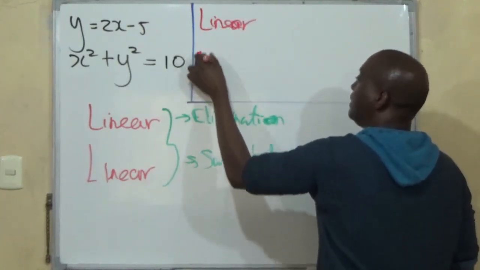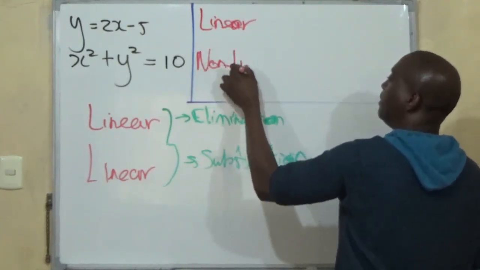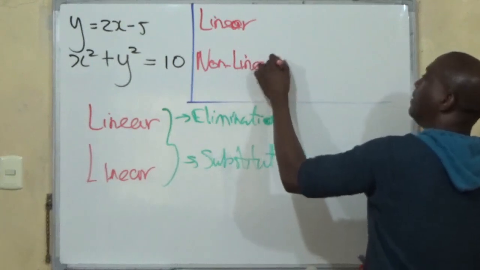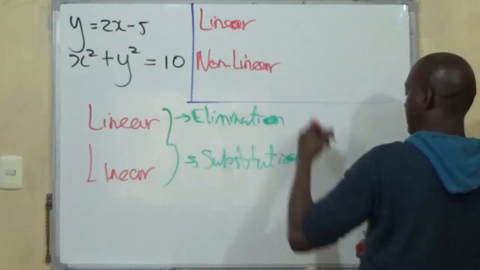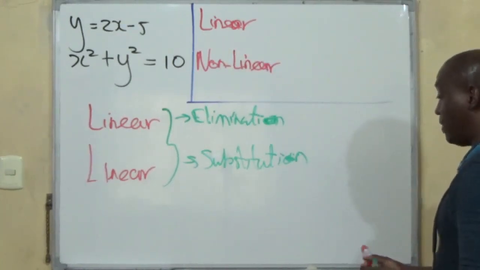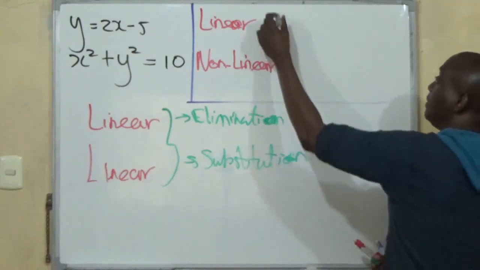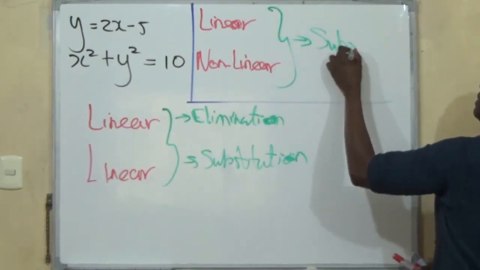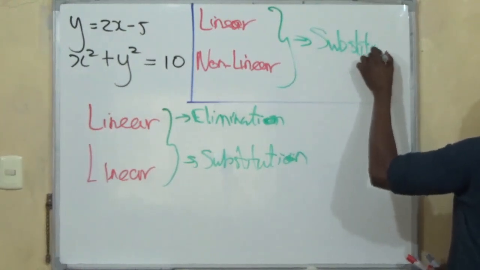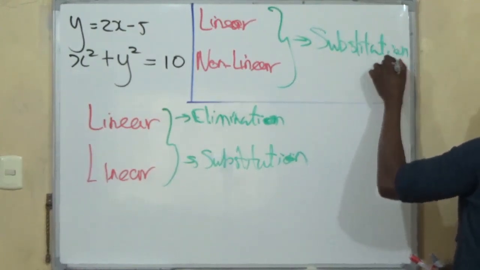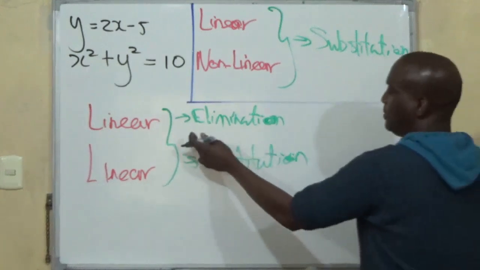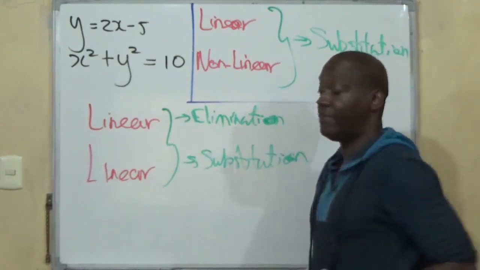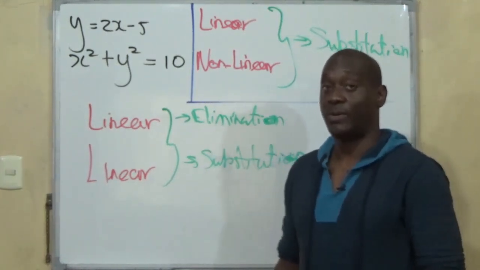And you have a non-linear simultaneous equation. Then in this case, you have only one option available, only one. And that option is substitution.